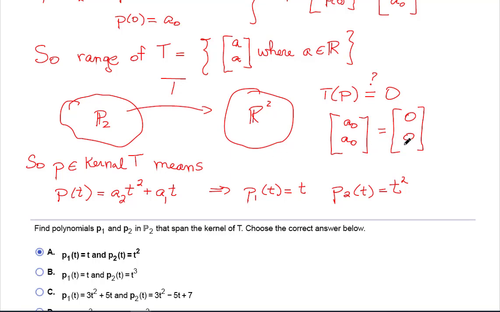And if a0 must be 0, then it's all polynomials of second degree of this format, which if you look at that says that the spanning set is p1 of t is t and p2 of t is t squared, because everything in the kernel is a linear combination of those two vectors.